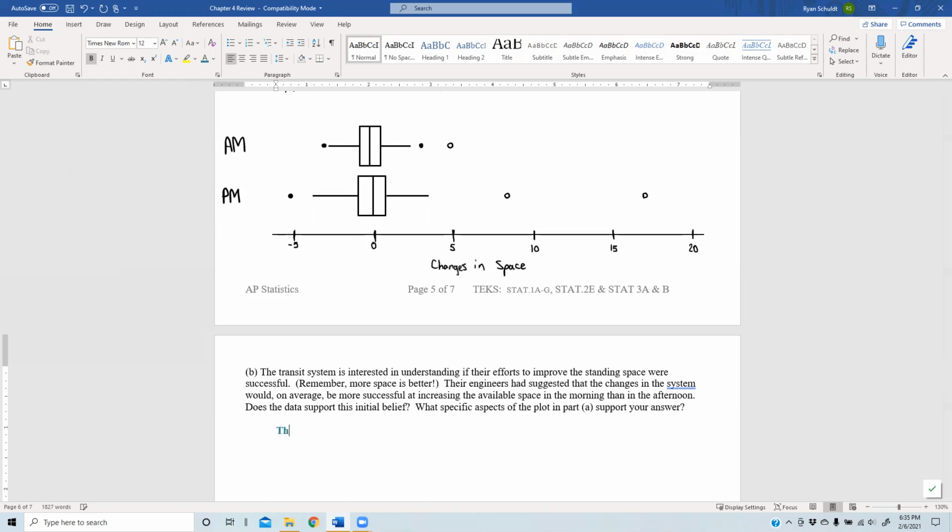So the available space as measured by the medians decreased.